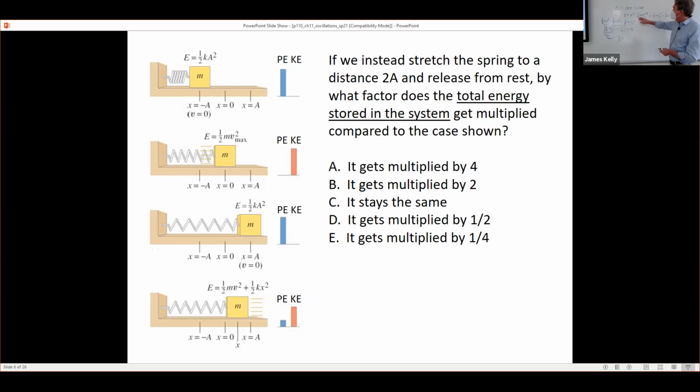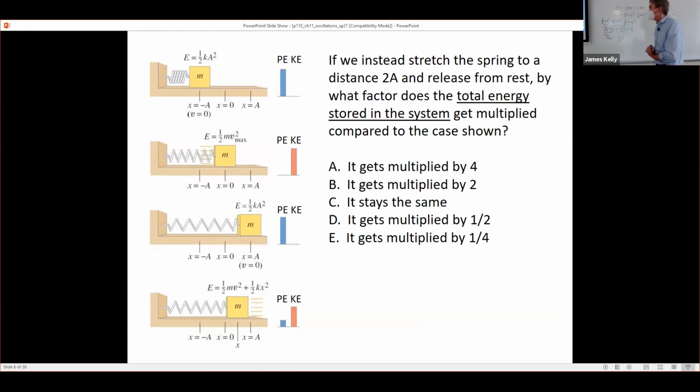Here we wrote down something about the change in the total energy, the kinetic plus potential. That just means 1/2 mv squared plus 1/2 kx squared. How is the total energy going to change if we double, maybe I'm not giving anything away if I say we double the amplitude?